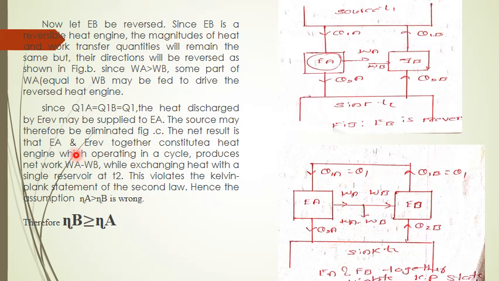The net result is that EA and the reversed EB together constitute a heat engine which operates in a cycle and produces net work WA minus WB while exchanging heat with a single reservoir at T2.